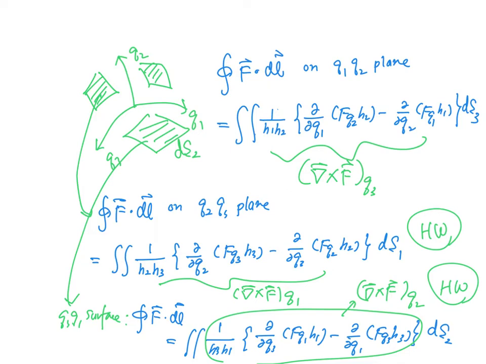8 page. So in summary, so curl F, Q1, H2, H3, partial Q2, partial. Maybe I better use bracket.